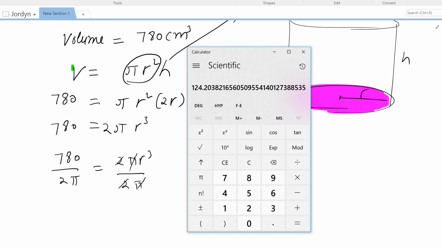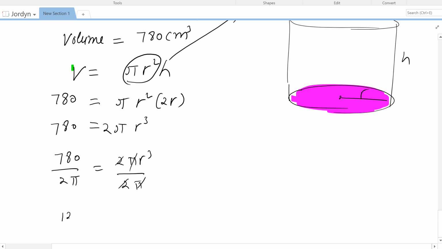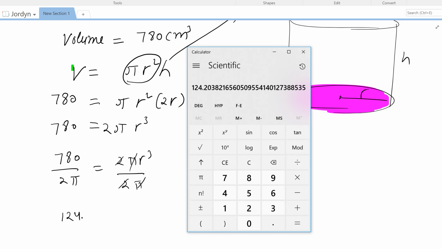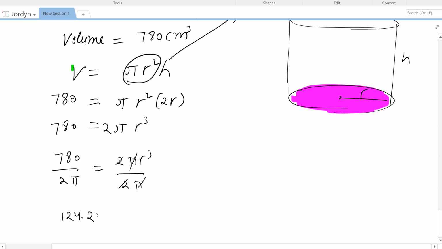And that's what we got, right? So we got 124 point whatever, that number 2038. So that is what we got, and that equals r cubed.